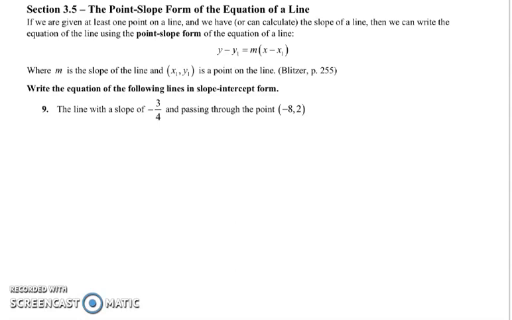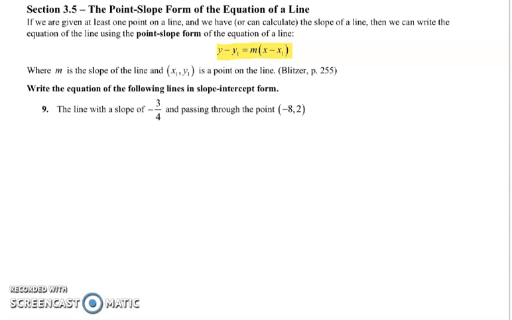So if we're given at least 1 point on a line, and we have, or we can calculate the slope, then we can write the equation of the line using the point-slope form of the equation, which is y minus y1 equals m times x minus x1. So m is still the slope, and x1 and y1 are the x and y coordinates of the point we have.